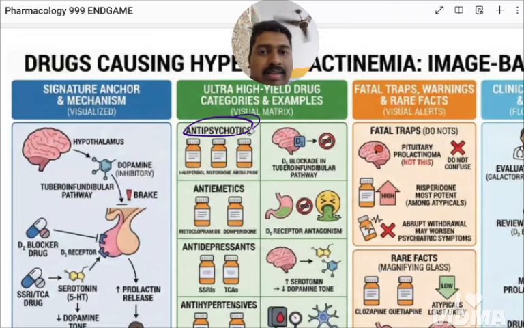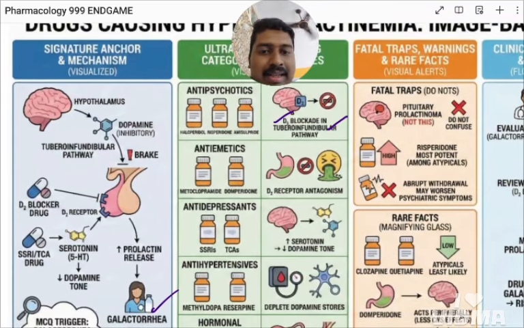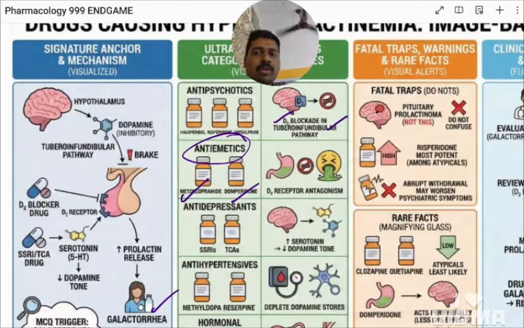One is antipsychotics. Most antipsychotics cause blockage in this tuberoinfundibular pathway between the hypothalamus and the pituitary. This D2 blockade causes hyperprolactinemia. Second is antiemetics like metoclopramide and domperidone. A few slides before, I had also talked about metoclopramide, where we saw it has D2 receptor antagonism.